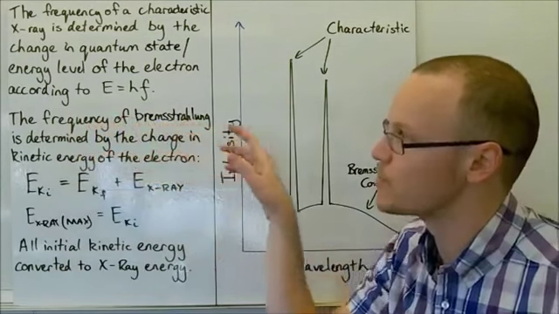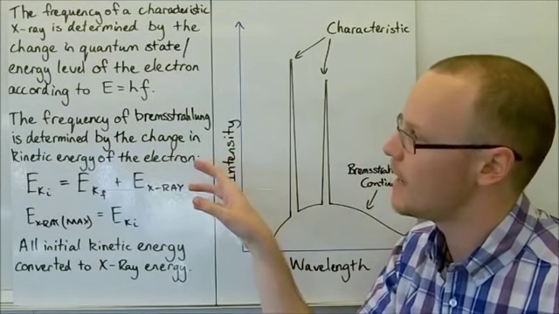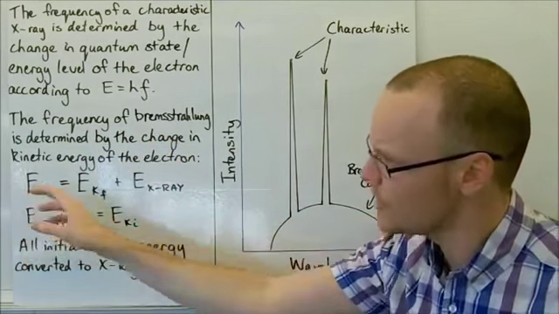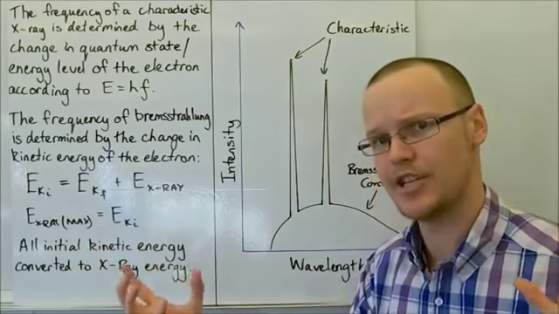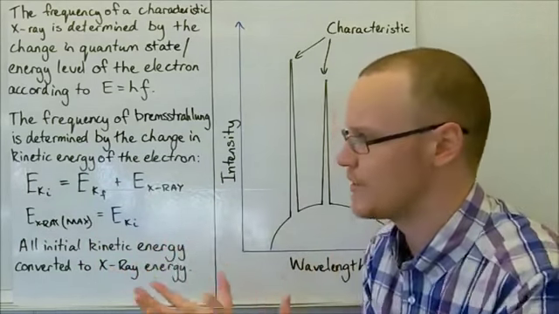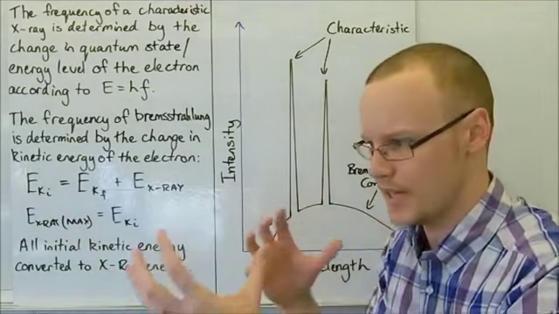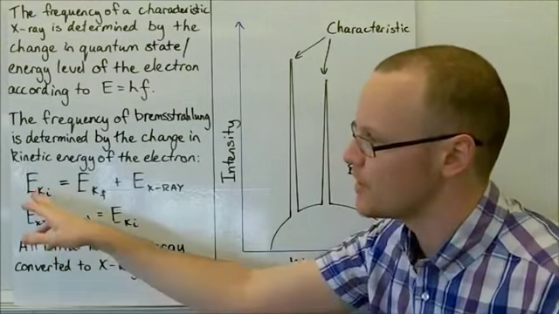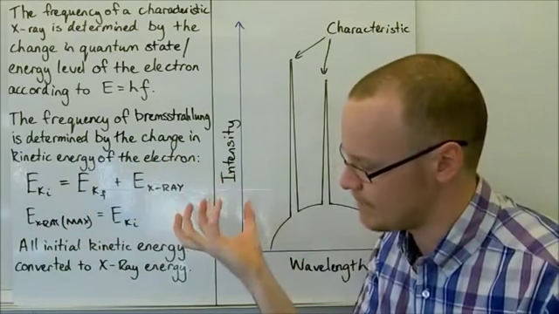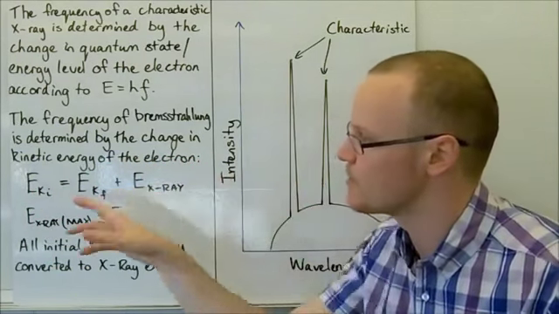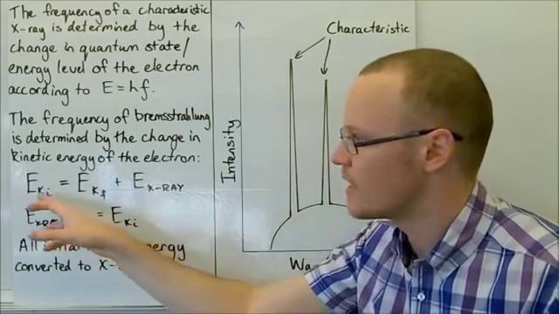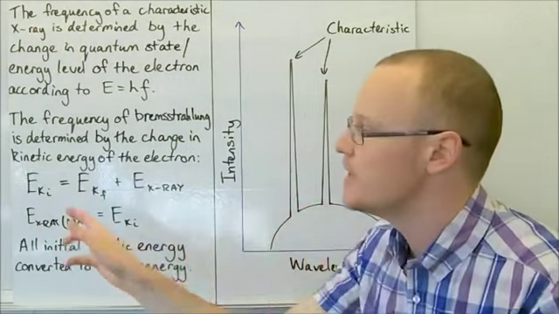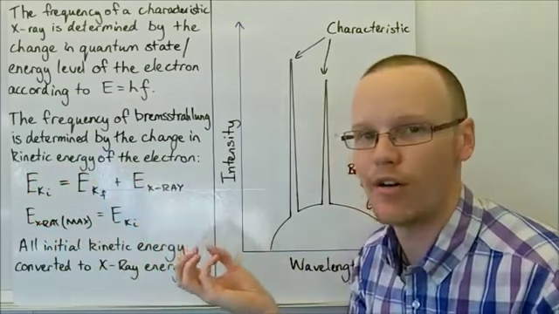If we're looking at Bremsstrahlung, however, it's determined by the change in kinetic energy of the electron. So the energy in needs to equal the energy out. The energy before any interaction between the electron and the metal needs to be the same as the energy after. So if the metal is at rest in relation to the electron, then the only initial energy in the system is the kinetic energy of the electron.